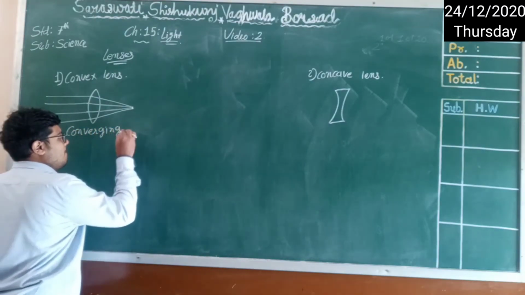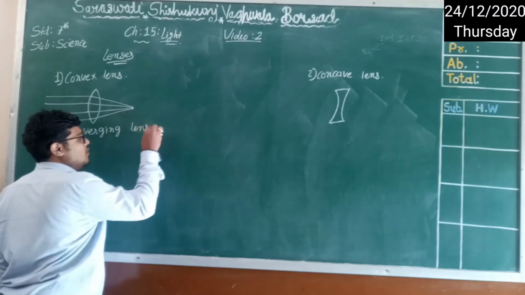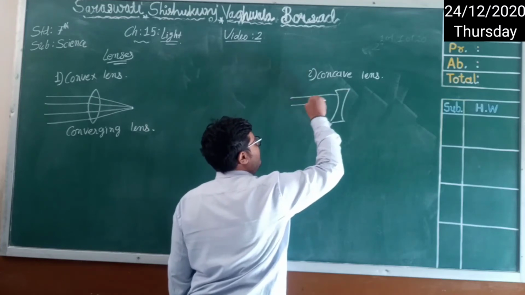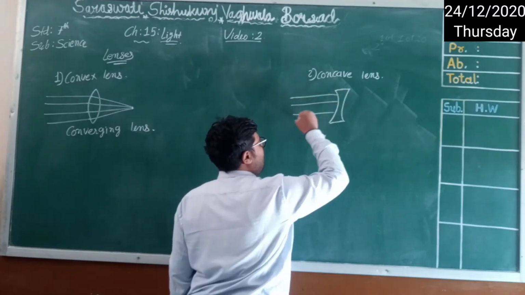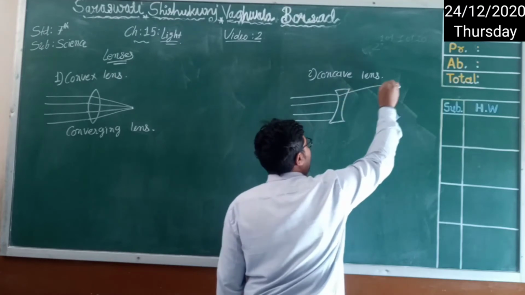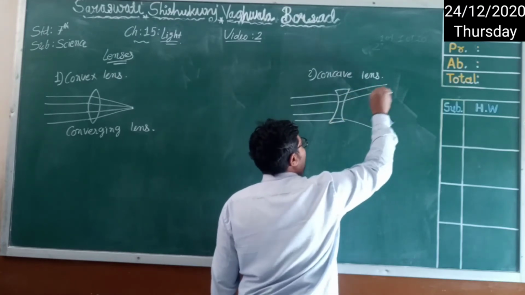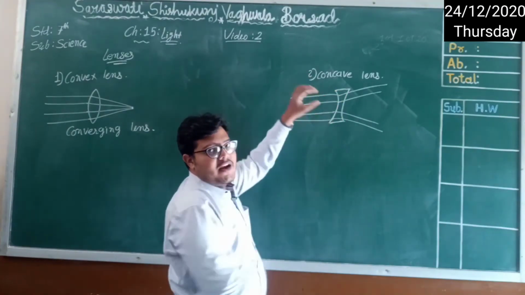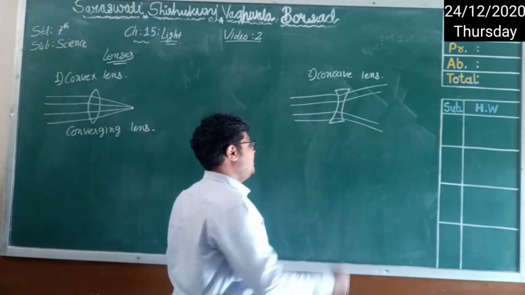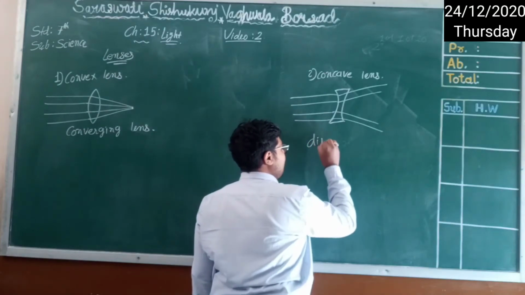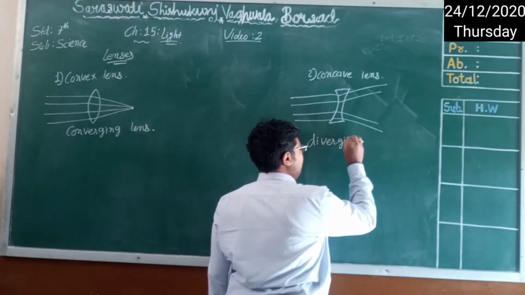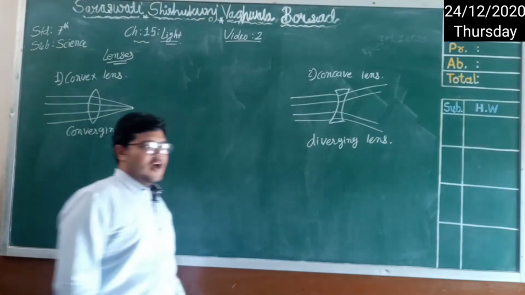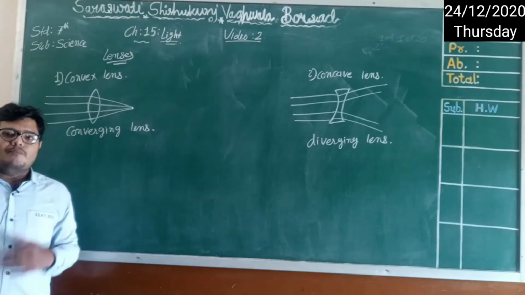Now if you see here, if light rays fall here, they will diverge. The light rays are getting spread, so it is known as diverging lens, right?